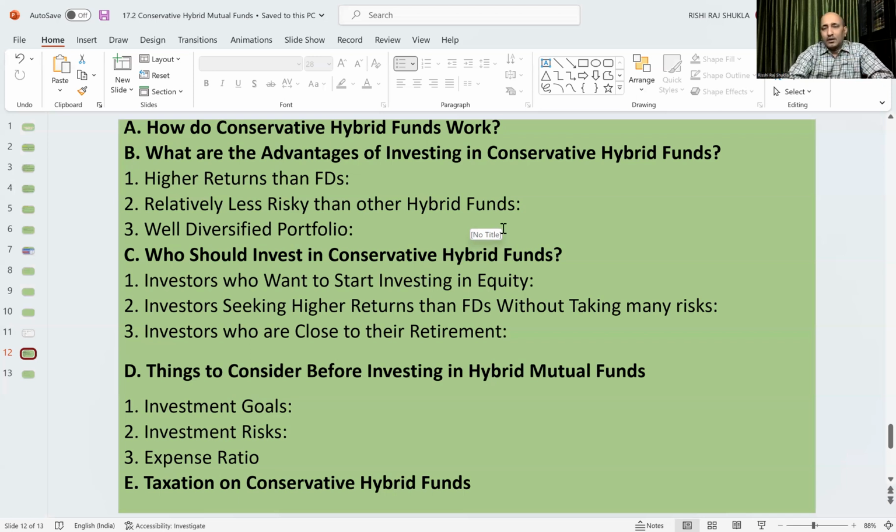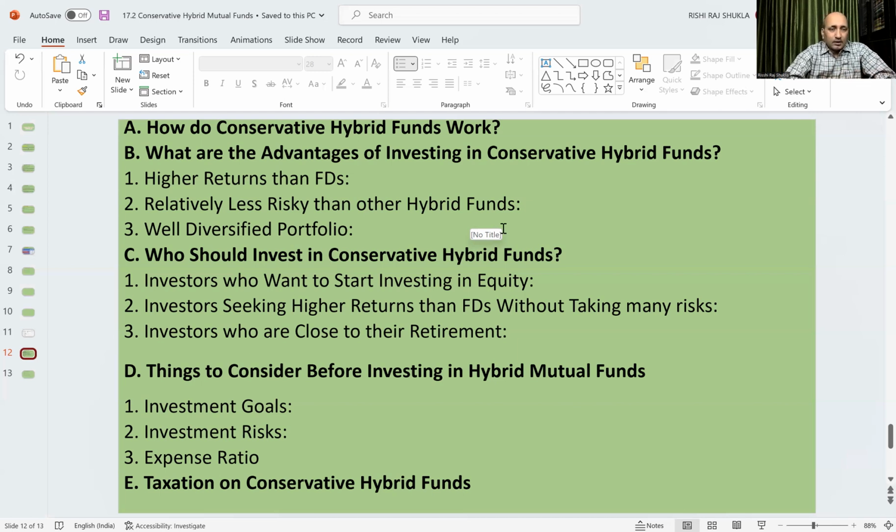In this conservative hybrid, they will get a little bit of equity exposure and can understand how it moves and what the benefits are. So this is well diversified with minimum equity exposure and minimum volatility, whatever is possible. So these are the advantages of investing in conservative hybrid funds.